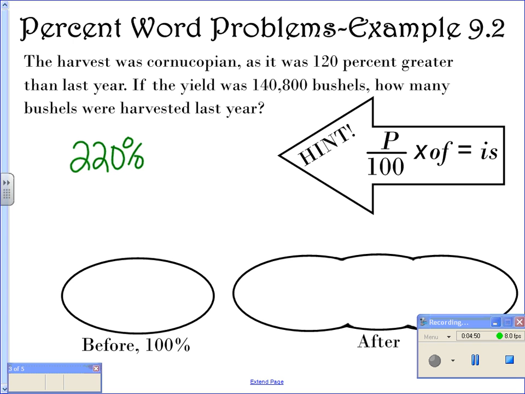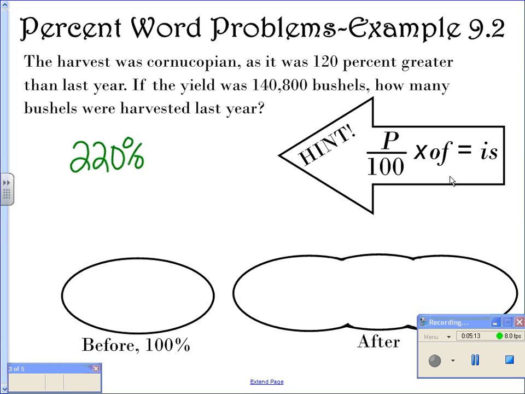Why 220%? It started at 100%. To increase it 120%, you're really going to increase it by 220%, because you started with 100% and you're adding 120% to the original 100%. Does that make sense?